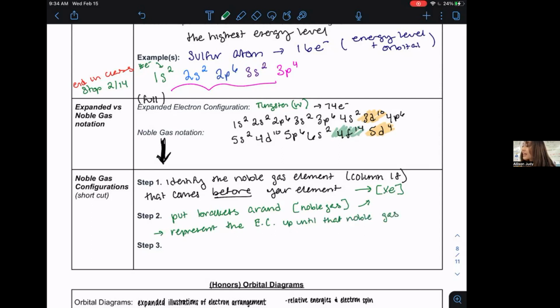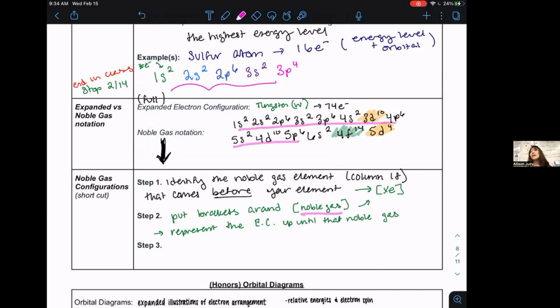So what bracketing xenon does is it helps us go all the way up to 5p6. That bracket encompasses all of that, all of up to here.